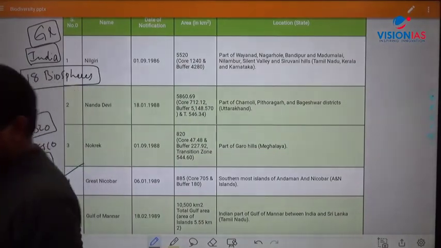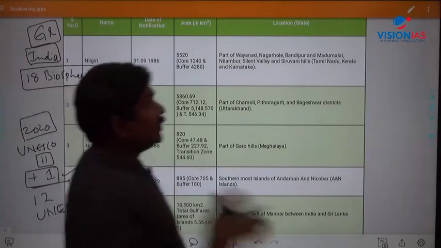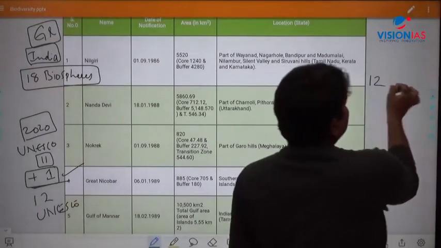First of all, write down all the 12 biosphere reserves of India which are identified by UNESCO. First, let me give all the 12 UNESCO-identified biosphere reserves, then we will go to the remaining biosphere reserves identified by the Indian government. Come on, the first one, heading as 12 biosphere reserves.